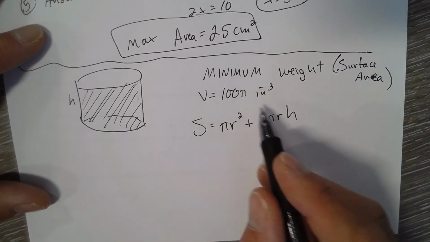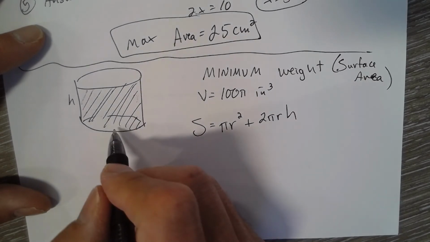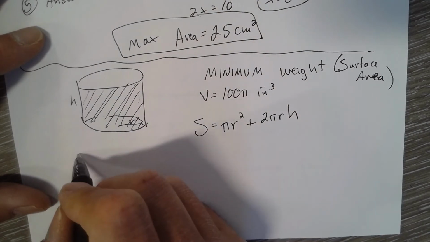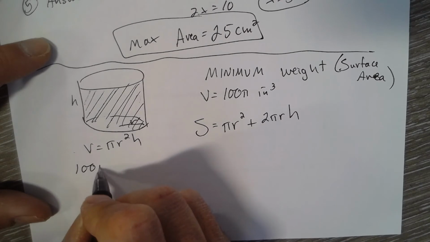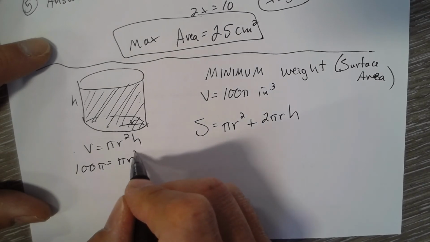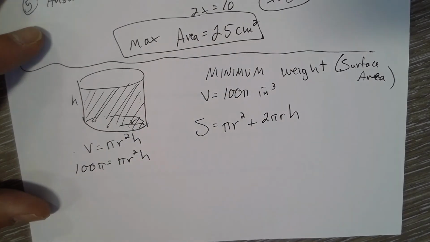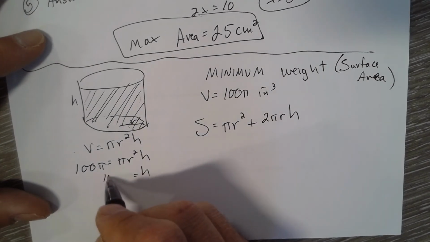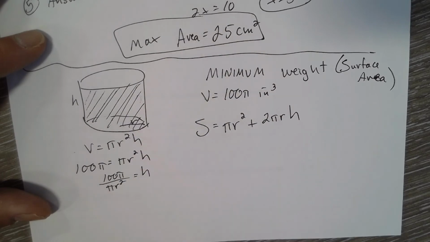So if the volume is 100 pi, and we know that the volume of a cylinder is the area of the base times the height, so the volume equals pi r squared h. So 100 pi equals pi r squared h. I think I'll solve for h, so I get 100 pi over pi r squared.